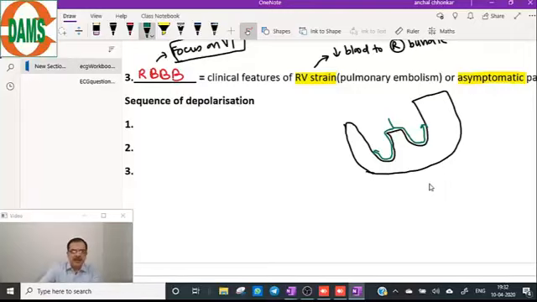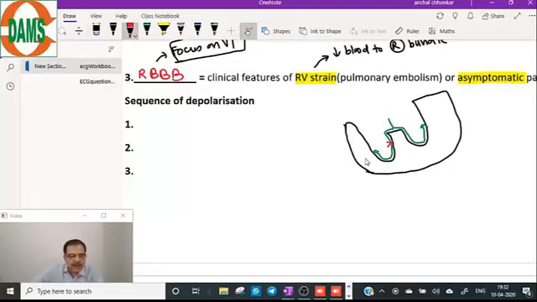So there is a blockage here. This bundle is not working. Pulmonary embolism cause RVH? No. Pulmonary embolism is an acute event. Acute event does not cause hypertrophy.